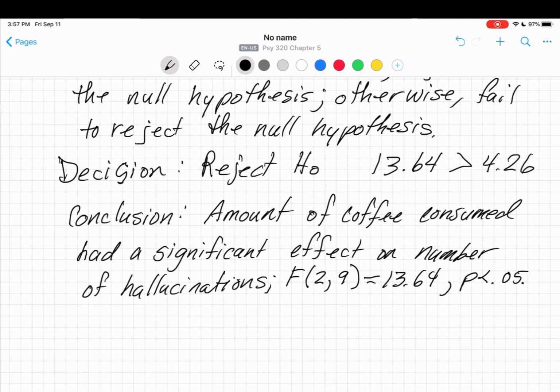So this is a lot of information in this conclusion. Let me break it down for you, because you're going to need to put it in the context of your homework problems and your test problems. First of all, amount of coffee consumed is our independent variable.